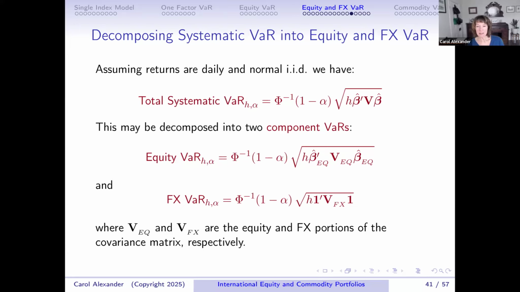H would be 10 here, because we're assuming the returns are daily, and so our covariance matrix will be on the daily scale.